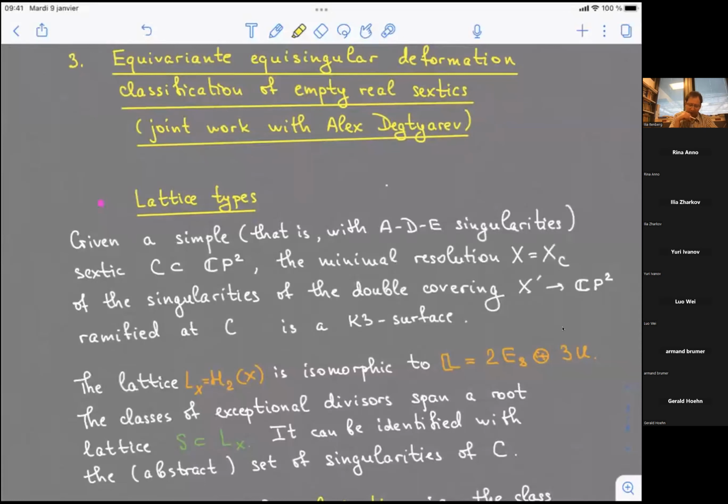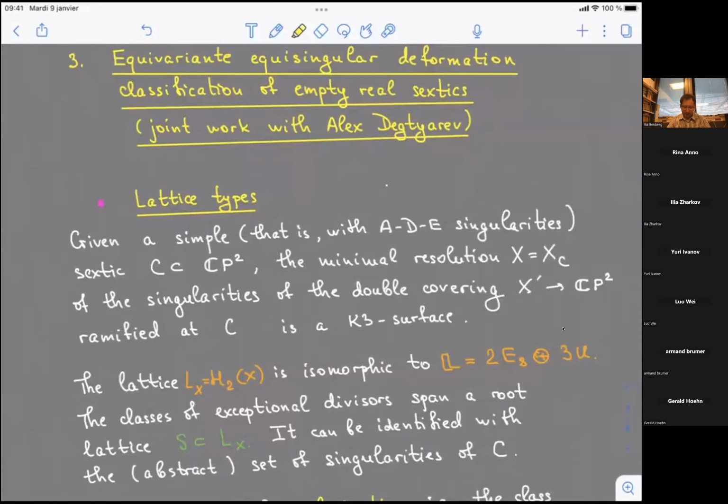So first of all, I need the notion of lattice type. So we will be interested in using this K3 machinery. I need an additional assumption. So I will assume that we are working with a simple sextic. Simple means that our sextic is reduced, and the singularities are simple, meaning of ADE type.